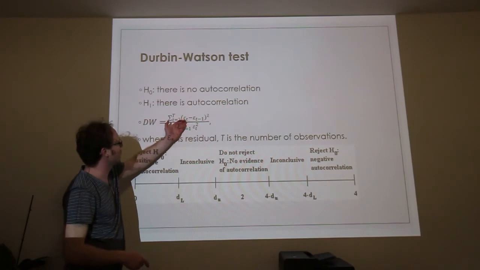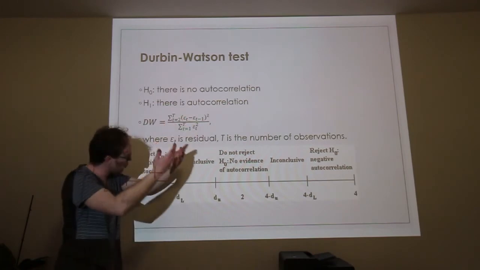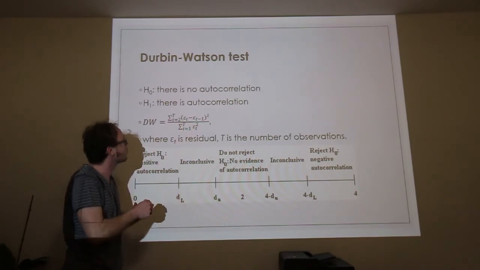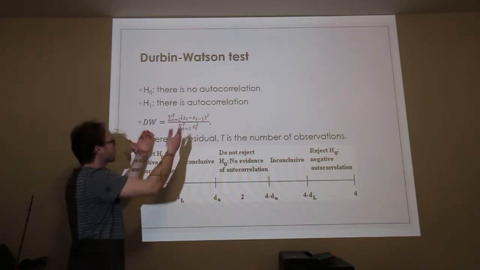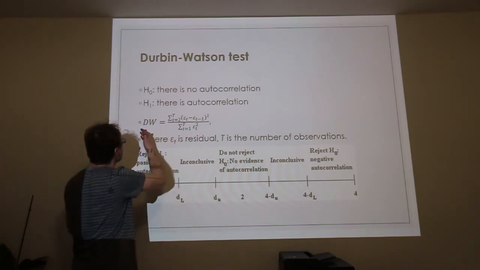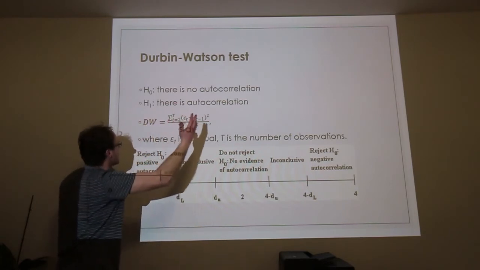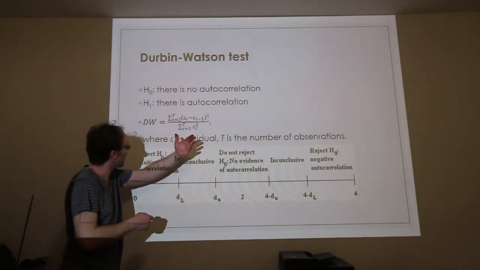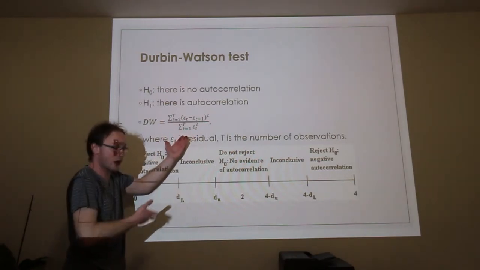This can be, for example, a residuum or any other value, because it's not necessary to use the Durbin-Watson test only for testing autocorrelation of the residual component.